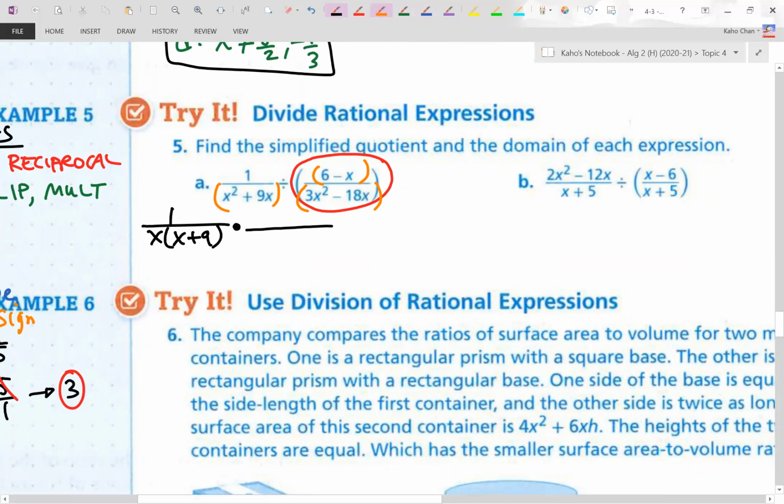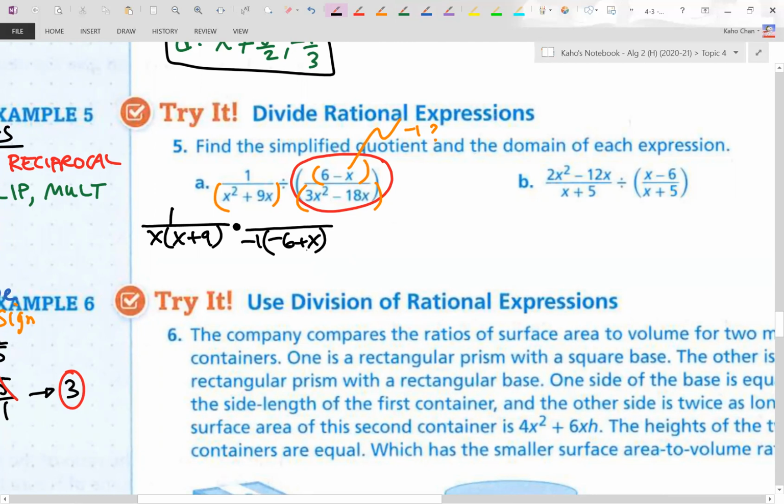Doesn't that require perhaps a -1 trick in there? That might be it. So I'm going to do that just because I think it's coming. Take out a -1 from that 6 minus x, and I'll have a result of -6 plus x.